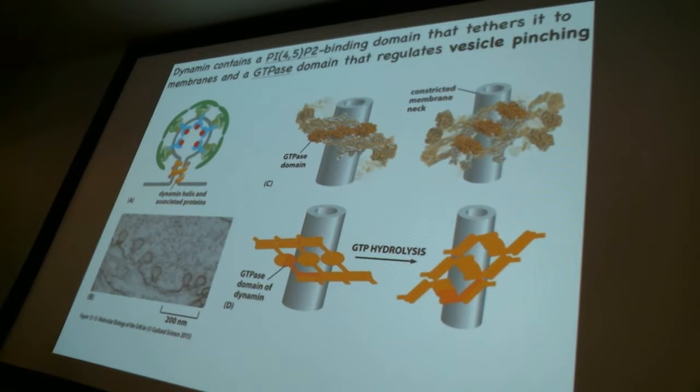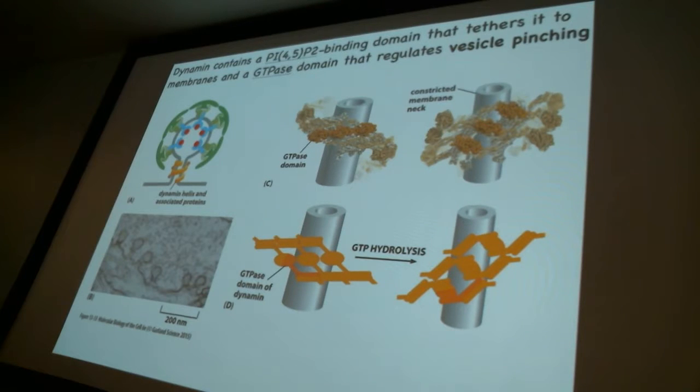And this is a picture of clathrin-coated vesicles on a fruit fly cell showing these rings on the neck, which correspond to this protein. The regulation by phosphoinositides, in this case PI(4,5)P2, works through a binding domain that recruits the GTPase and activates the GTPase domain, which then promotes the pinching.